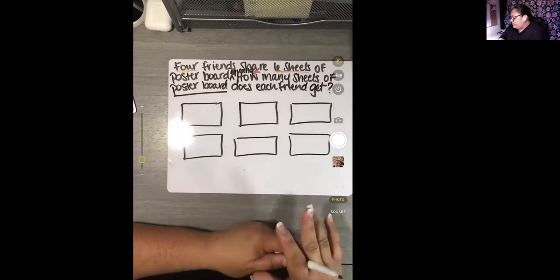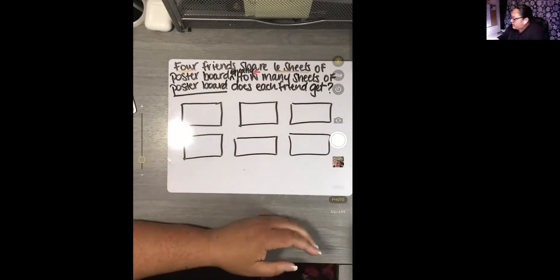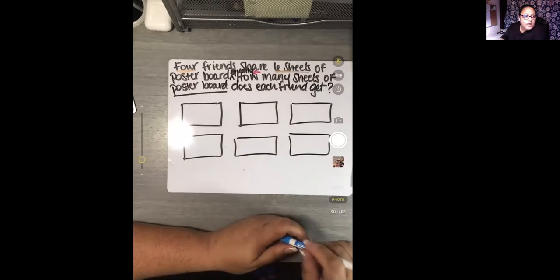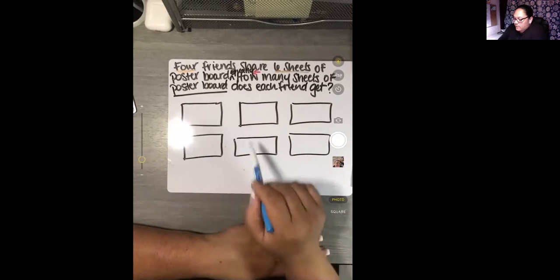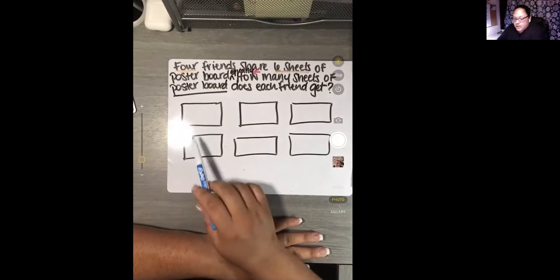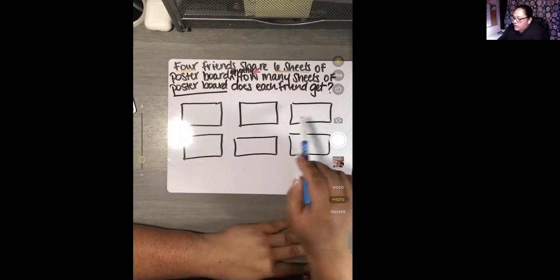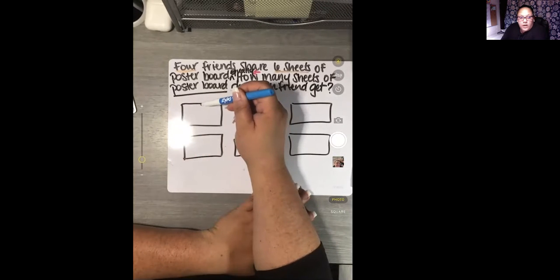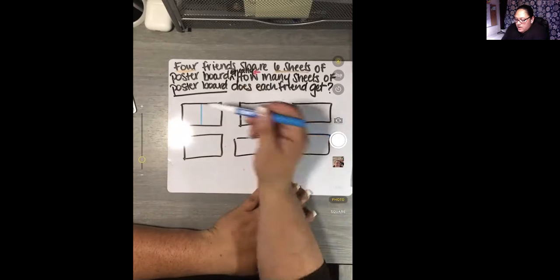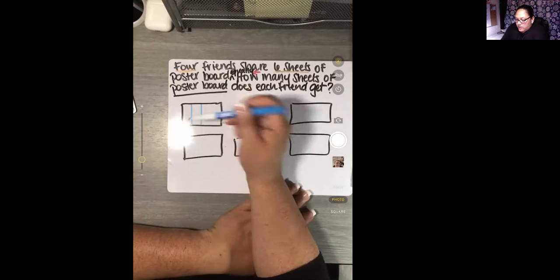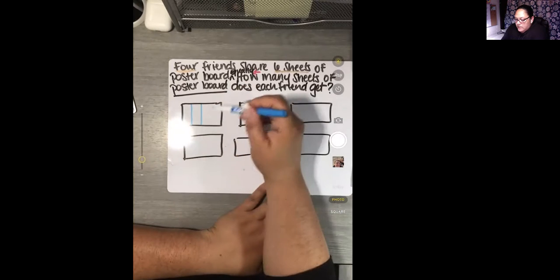Now, because I don't have paper, I'm just going to draw my lines. With my lines, I need to split each one of these pieces of paper up by 4 friends. So I'm going to draw lines to make 4 equal pieces of each sheet. If I split in half, I have 2 pieces. And if I cut that one piece on the left side in half, I have 2 pieces.